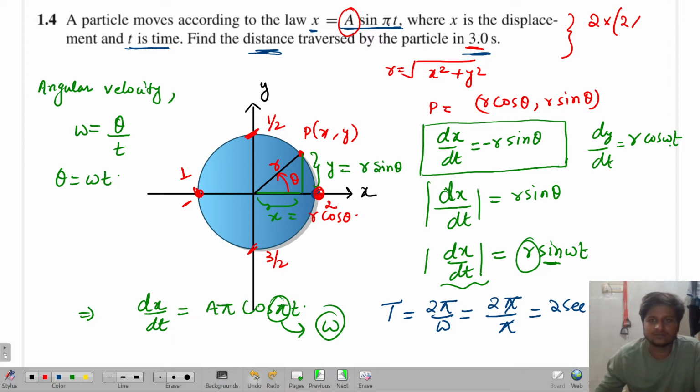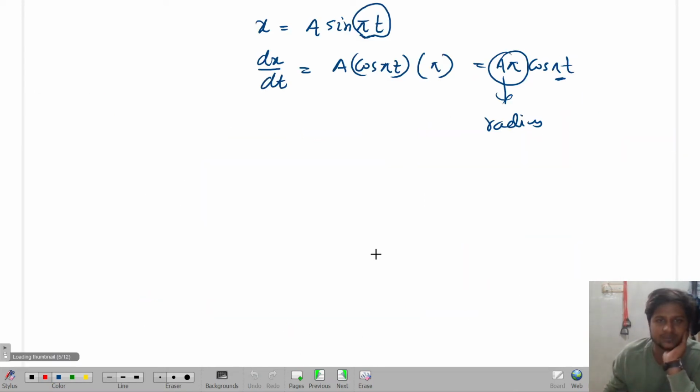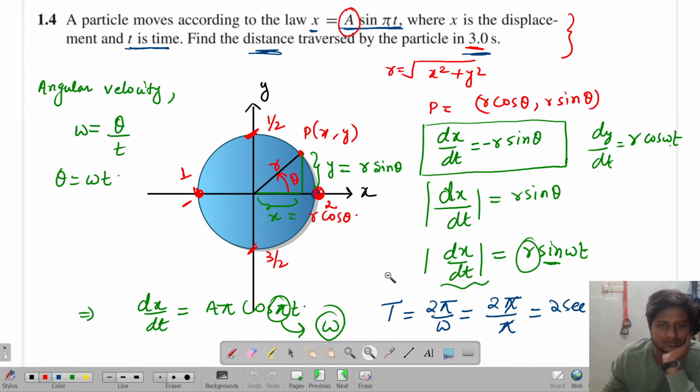Wait. How to do this? I forgot, man. I'm forgetting something over here. Wait. At t equal to 3.0 seconds it is traveling over here. Okay, move to the next part. Wait, this here only.